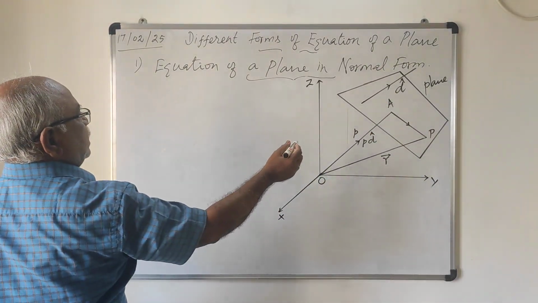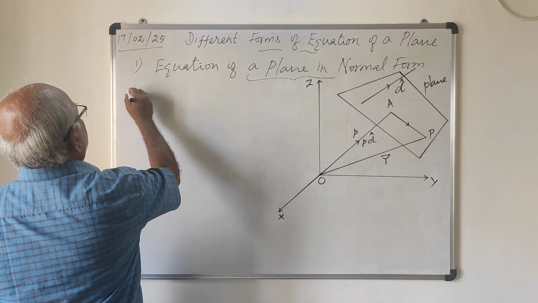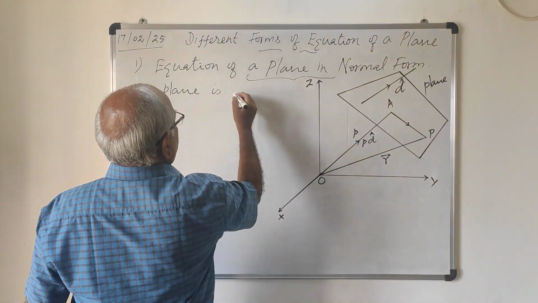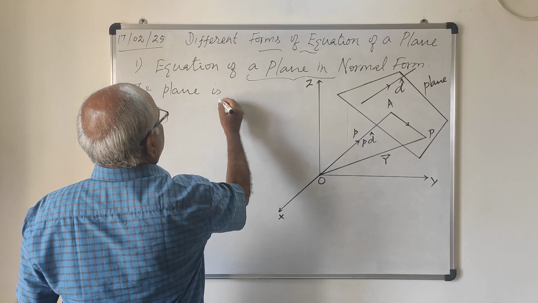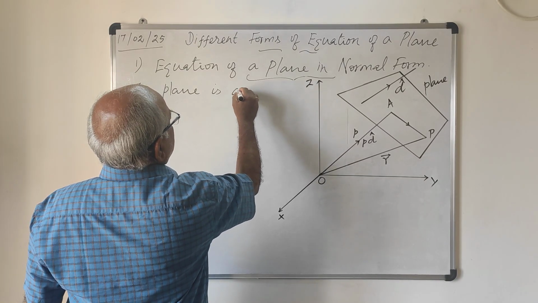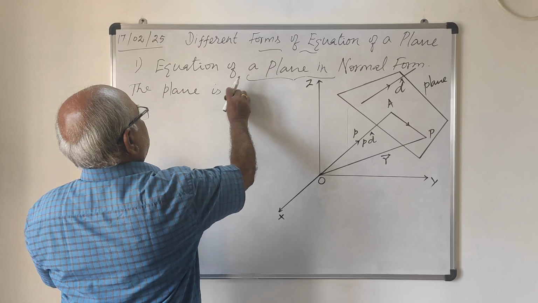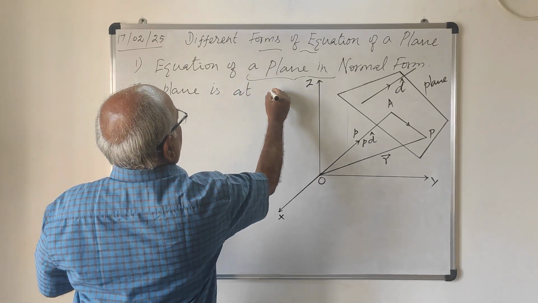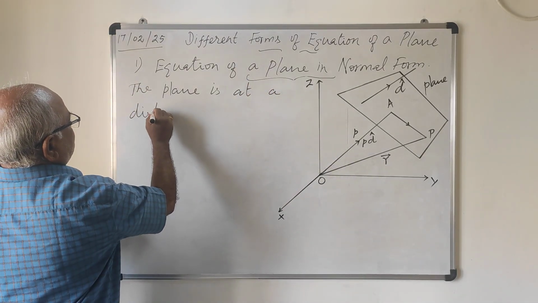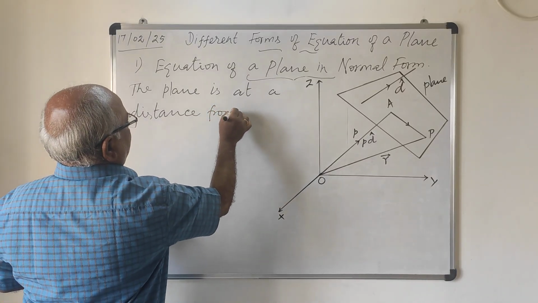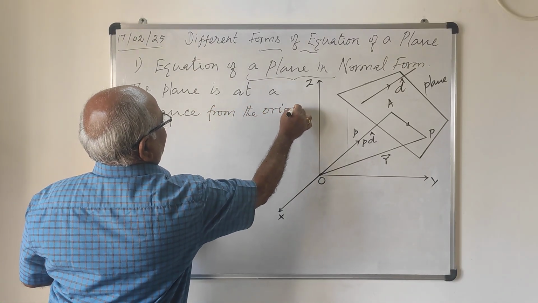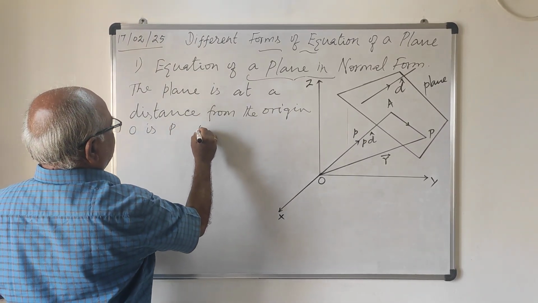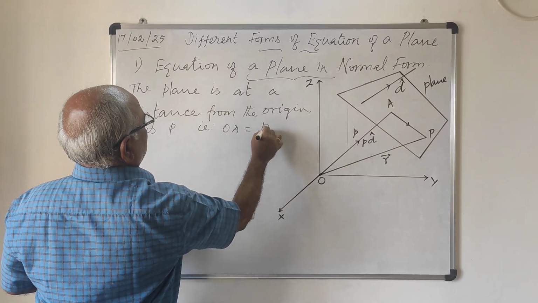So the plane is at a distance p from the origin O, that is, the distance OA is equal to p.